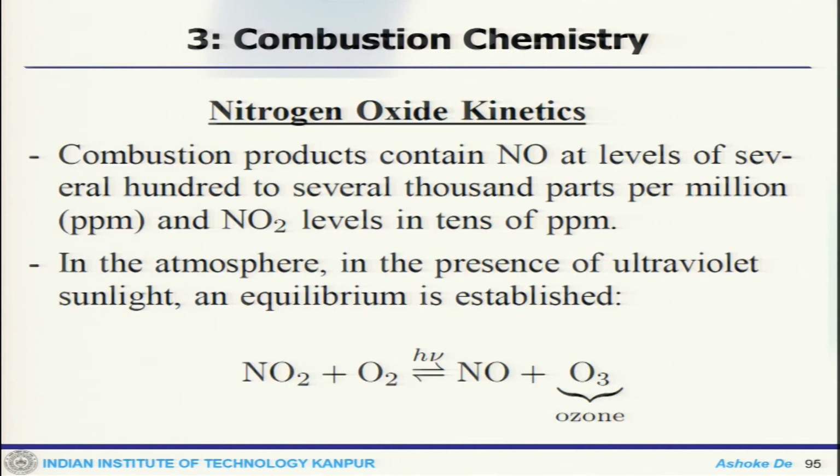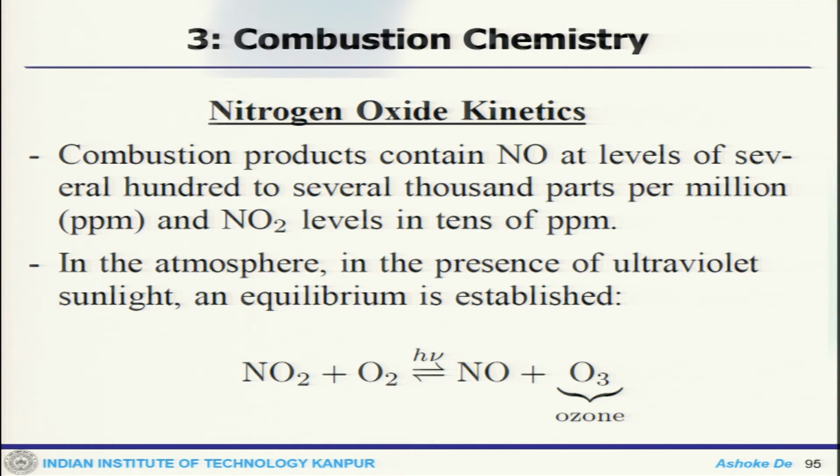Now, moving ahead, one more thing that we would like to look at is the nitrogen oxide kinetics. This is another important issue, because most combustion processes, as we have seen, are a source of pollution. Pollution means CO, NO, these sorts of gases, but NO does not form so easily.